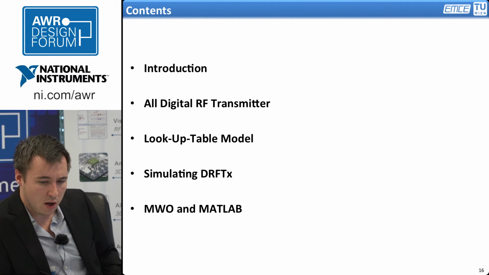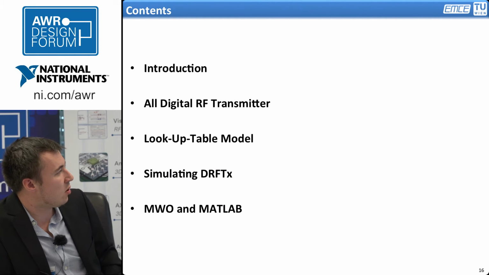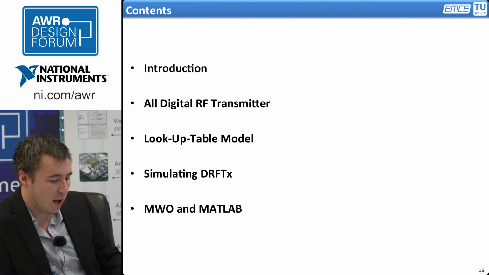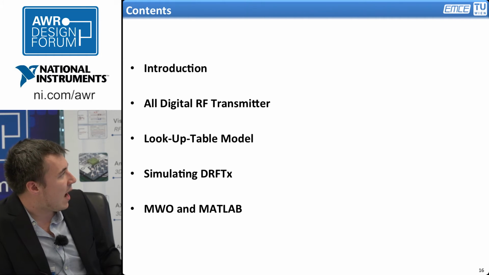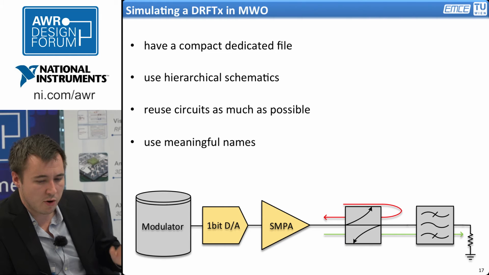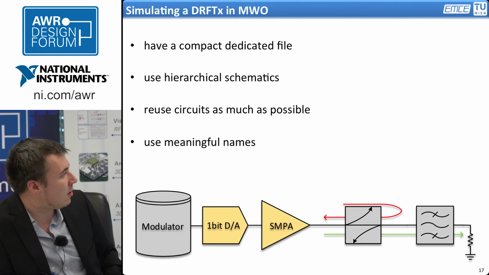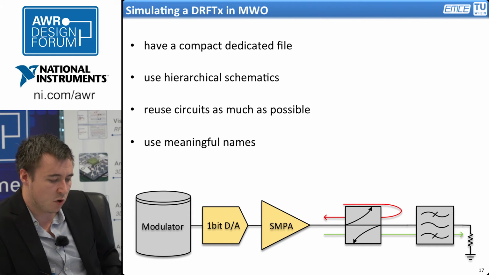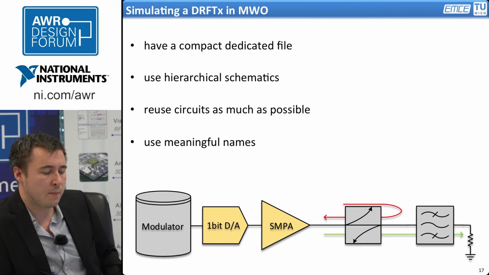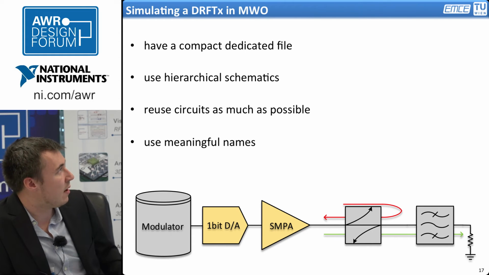So now let's get on to how we could simulate this in a practical manner. And first of all, some general words of advice, which I want to clarify later on. If you want to have a simulation using Microwave Office running in the loop, indexed by MATLAB, then please have a file that is very compact and dedicated for the simulation purpose.